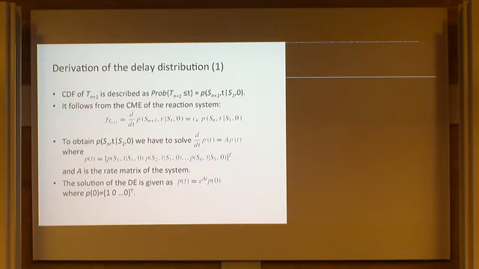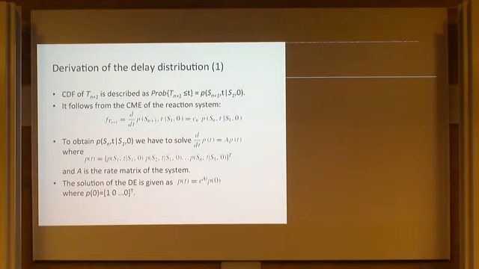Now it follows from the chemical master equation that what we actually need to look at is this term, so Cn times p, the probability of being in Sn at time t. Then we can obtain this term by solving this differential equation, where p of t is this vector.